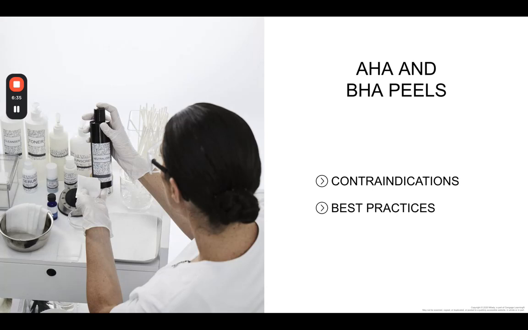So again, it's recommended to apply an occlusive barrier in those areas to prevent that. And then sometimes a Wood's lamp is used with beta hydroxy application so that you can view the accuracy and the evenness of the peel application, as the peel can be illuminated by the lamp. So that is your interesting fact.